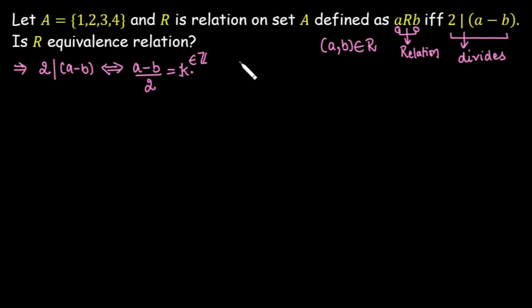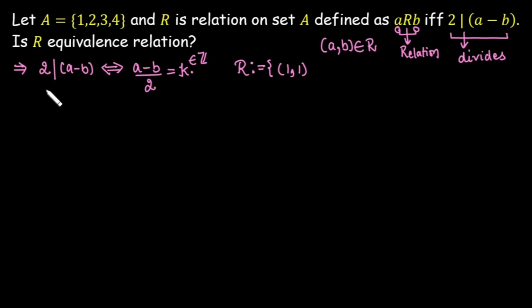So first let's identify what type of elements are there in this case. Now pick any two elements, make sure their subtraction is divisible by 2. Now if I take the ordered pair 1, 1, is that divisible by 2? Yes, because 1 minus 1 is 0 and 0 by 2 is equal to 0.